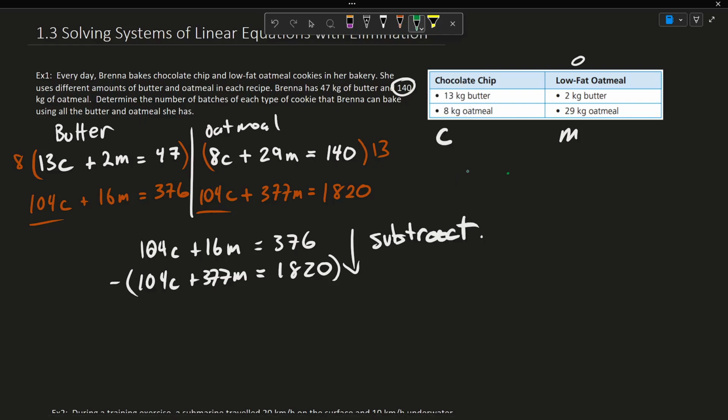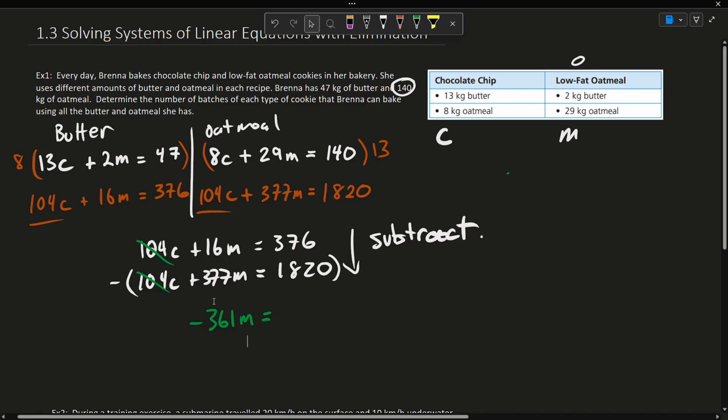Then I've got 16 minus 377, which is negative 361, and that's an M. And then 376 minus 1,820, which gives us negative 1,444.